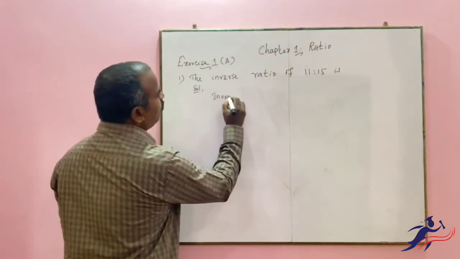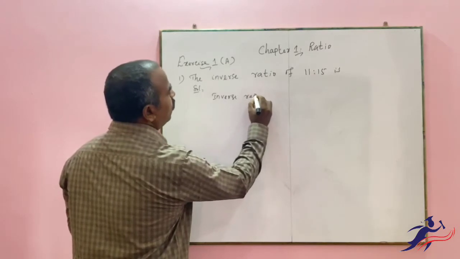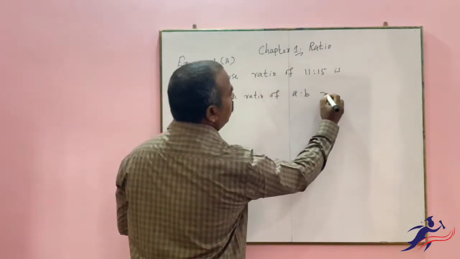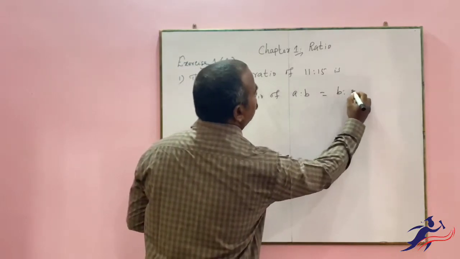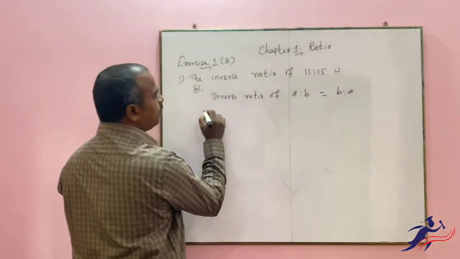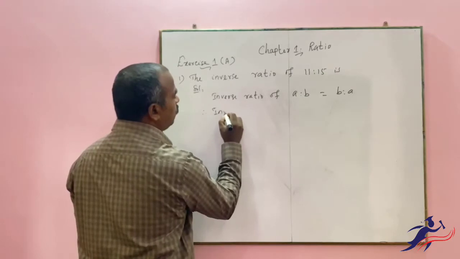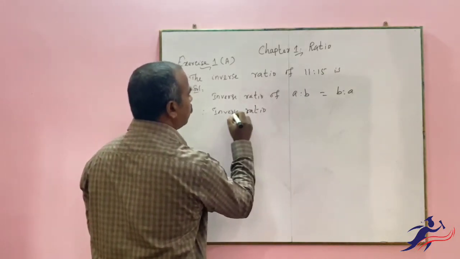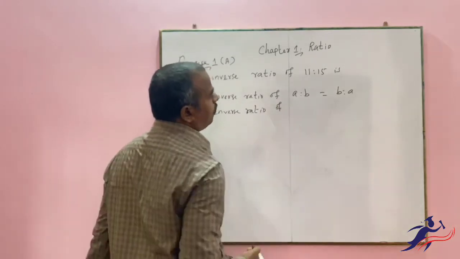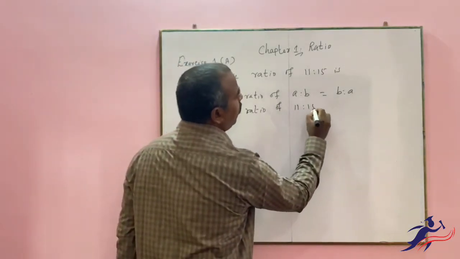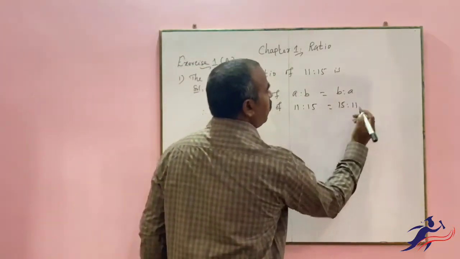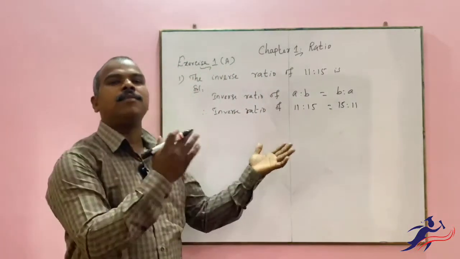Inverse ratio of A is to B is equal to B is to A. Therefore, inverse ratio of 11 is to 15 is 15 is to 11. That is, we have to write in the reverse order.